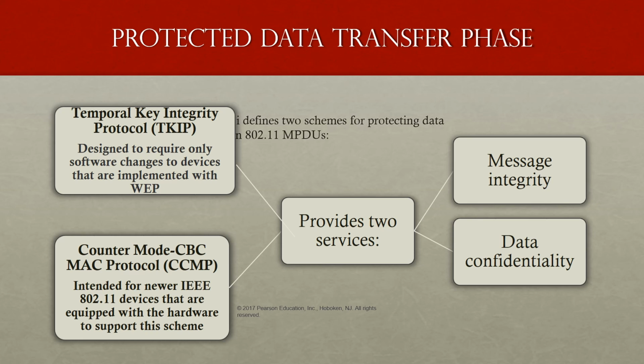CCMP uses the CTR block cipher mode of operation with AES for encryption. CTR is described in Chapter 2. The same 128-bit AES key is used for both integrity and confidentiality. The scheme uses a 48-bit packet number to construct a nonce to prevent replay attacks.